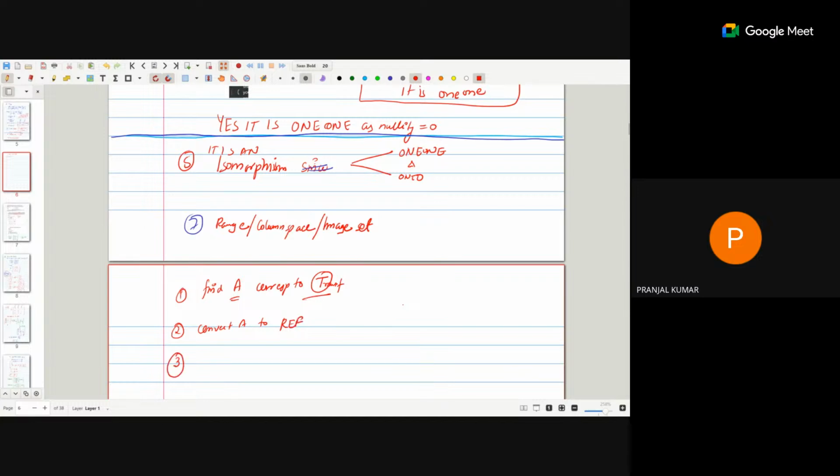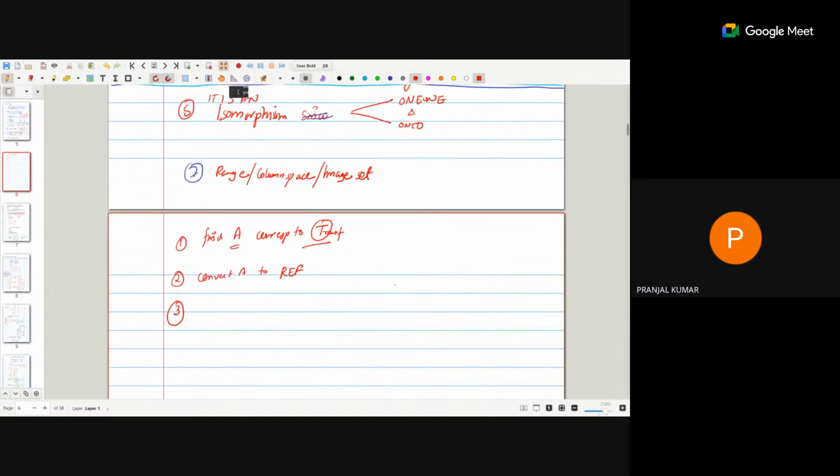Then the third step: the column space is the span of those columns which have pivots.